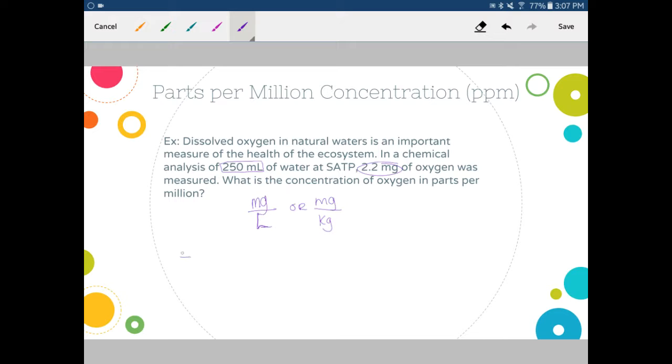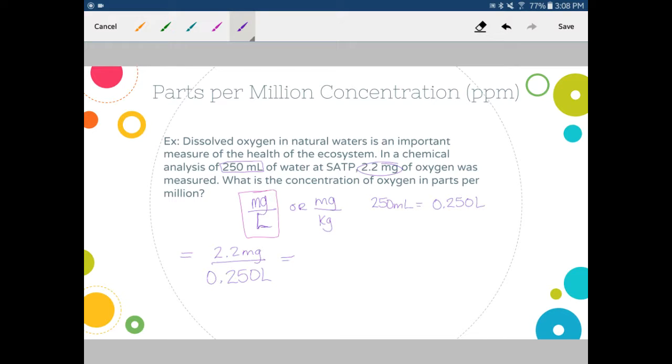So what it's saying is I have 2.2 milligrams in 250 milliliters. Well, 250 milliliters is equivalent to 0.250 of a liter. Because we want our units to be in milligrams per liter, we are going to use this value when we plug it into our equation to figure out our parts per million.